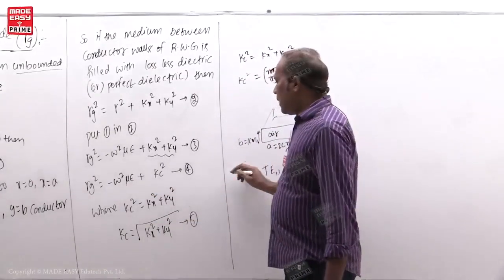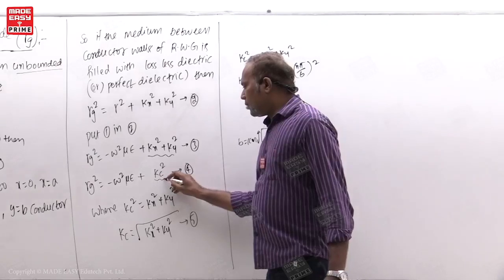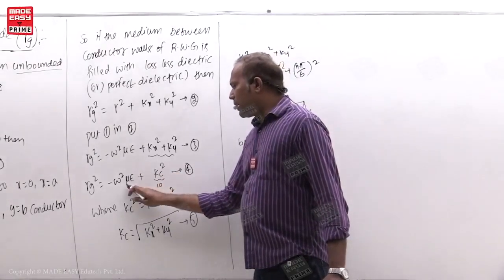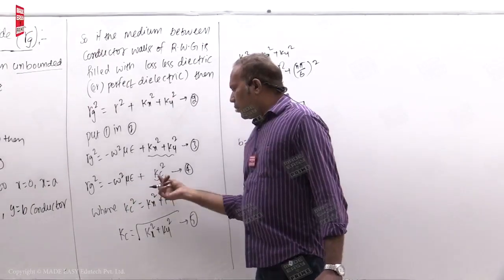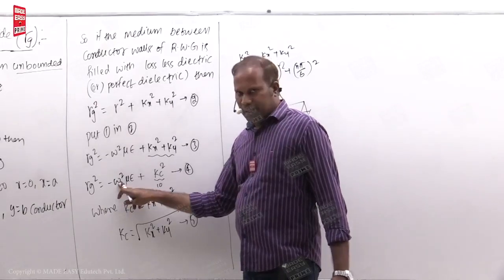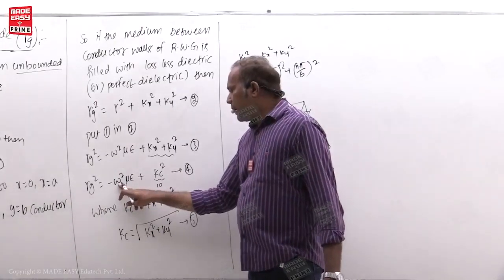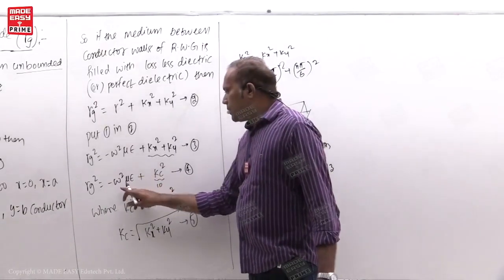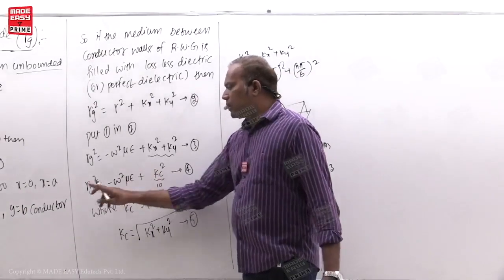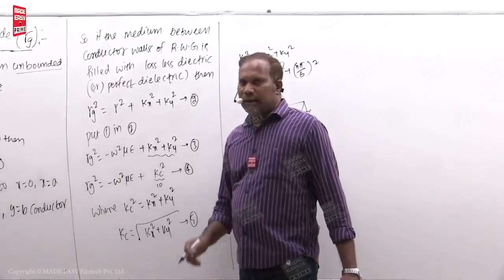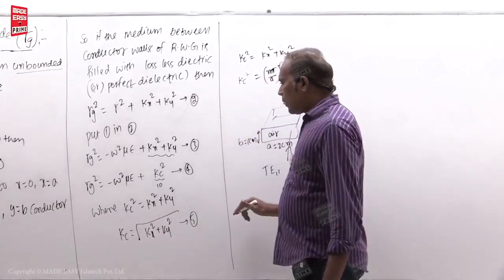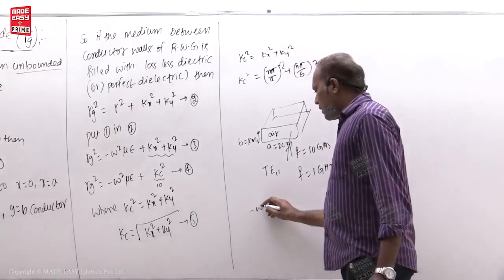Now for example, I got kc square is equal to 10. Then mu epsilon some value is there. Then keep changing frequency in such a way that this value is negative, this value is positive, and both become equal, so that gamma g is equal to 0. That will happen only at a particular frequency. Okay, students. So I will do it like this, student.